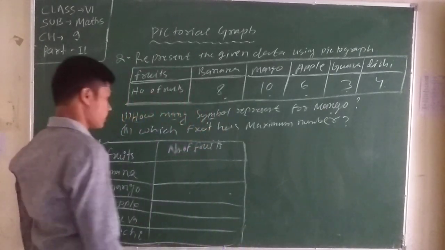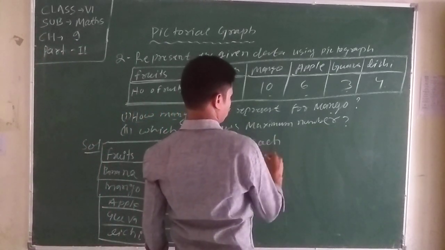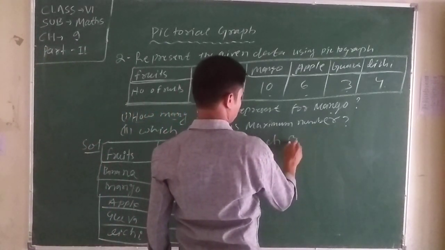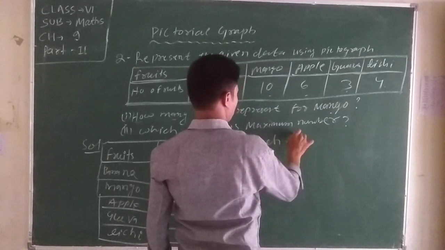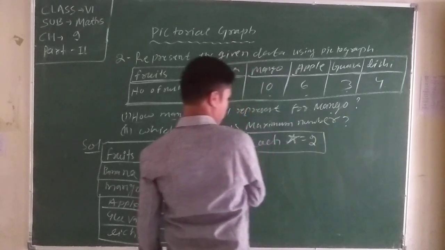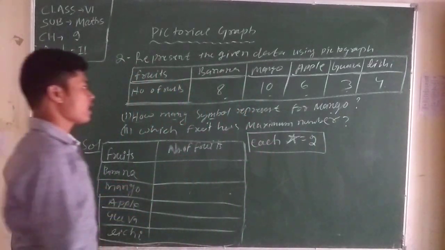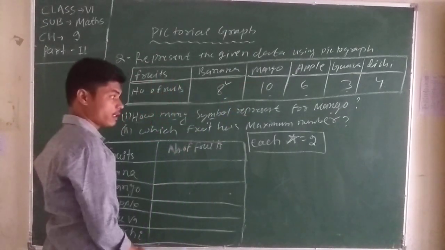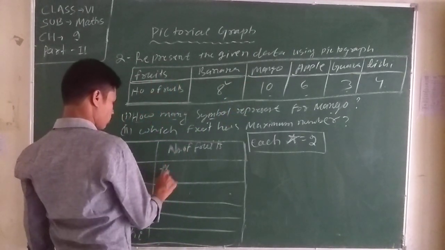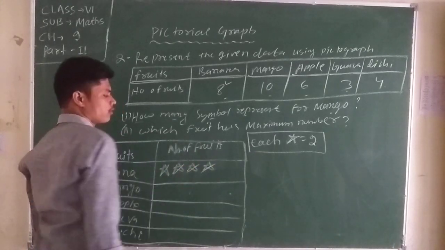Okay. We take each star equal to 2. Banana: how many bananas are there? 8 bananas, so it represents 4 stars: 1, 2, 3, 4.